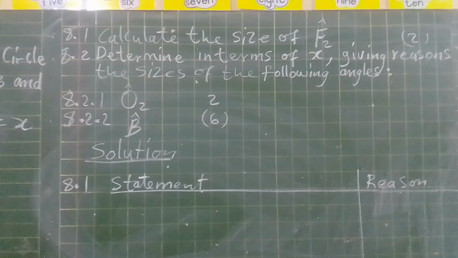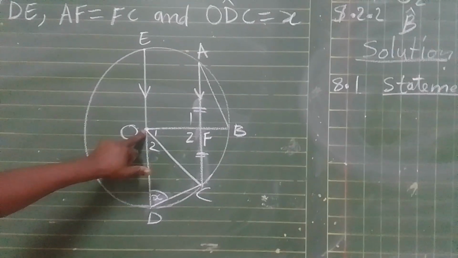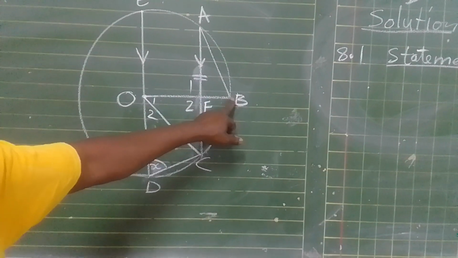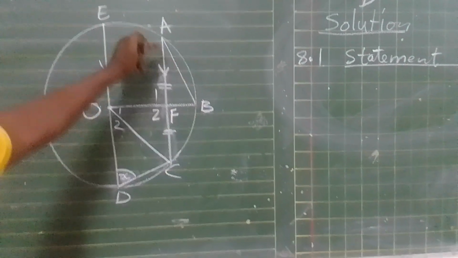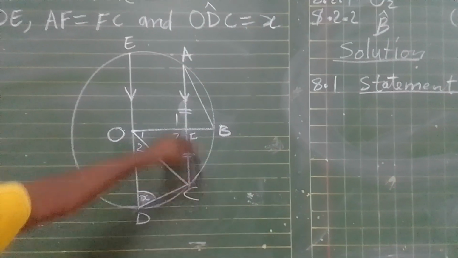To calculate F2, if we check F2 here, there is a line coming straight from the center to the circumference. It is called the radius. There is AC, which is a chord.